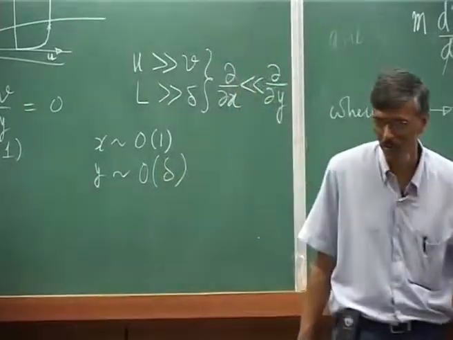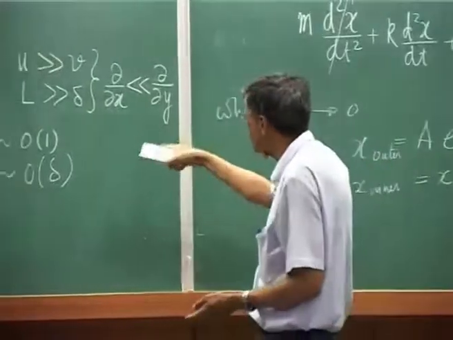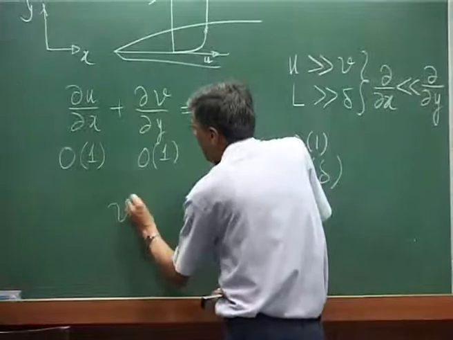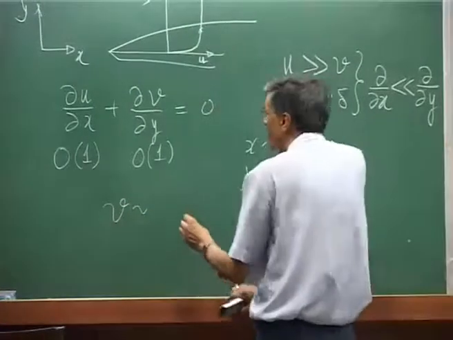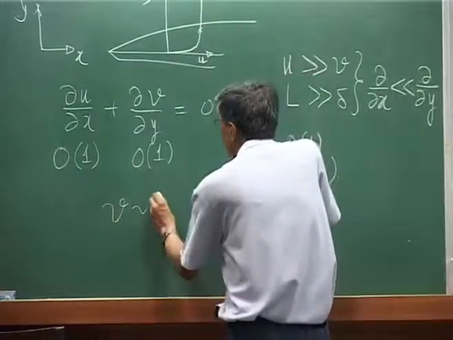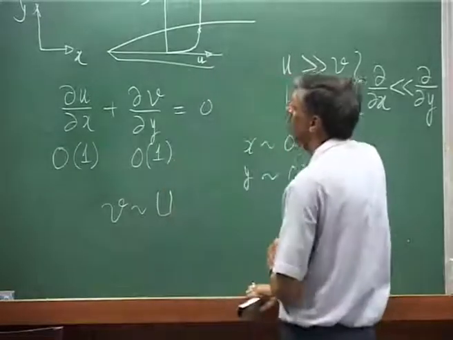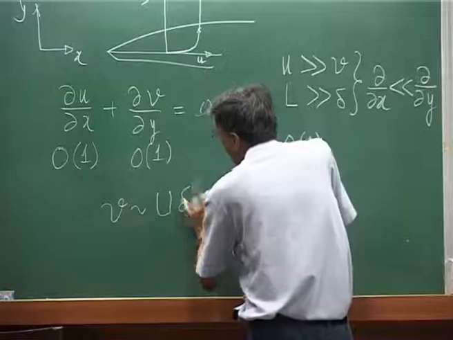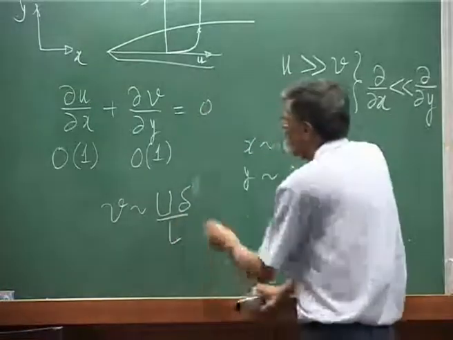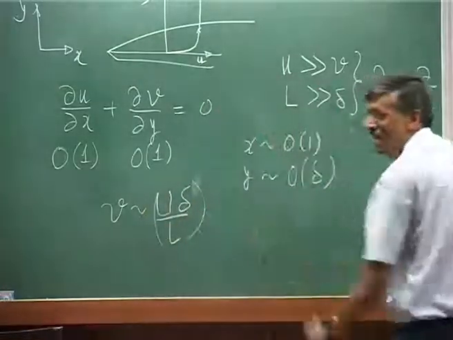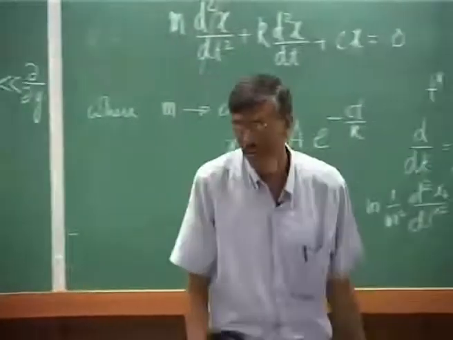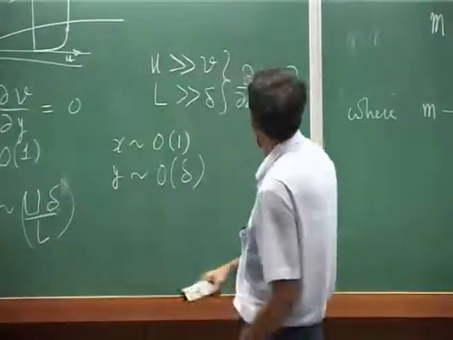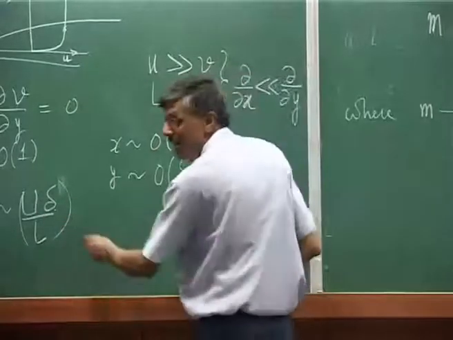That is what we talked about. If these two terms are of the same order, I find that v is of the order of whatever the scale for the u velocity is, times delta by L. That is why it is order delta, you see the delta appears explicitly there. U is order 1, L is order 1, so v becomes order delta.